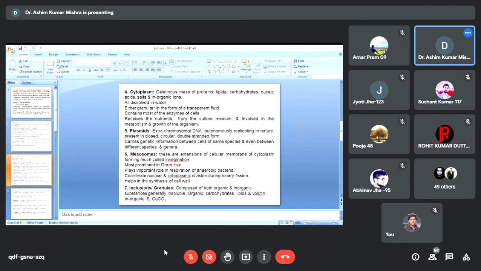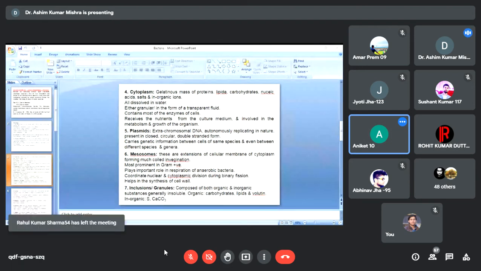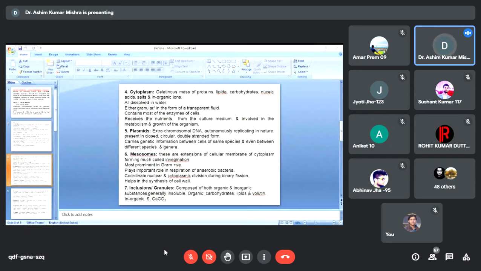Why are mesosomes less found in gram-negative bacteria? Forming scabies, potato scab disease.